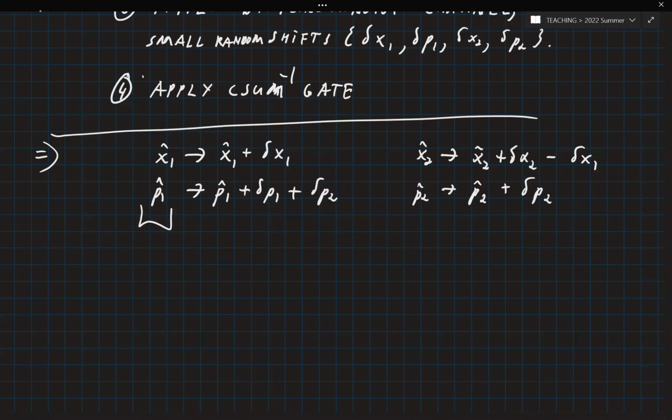And what do we have? Well, we have these quadratures and we have a GKP state on this second mode. And we can use this GKP state and measure its position and momentum modulo something in order to extract some information about these quadratures using this mode.